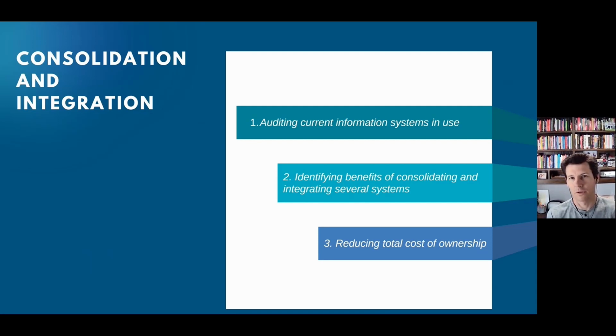So if we're going to a new solution, we can look into combining and consolidating some of those systems. So maybe a new solution for our planning process can combine some of those efforts and thus reduce the total cost of ownership.